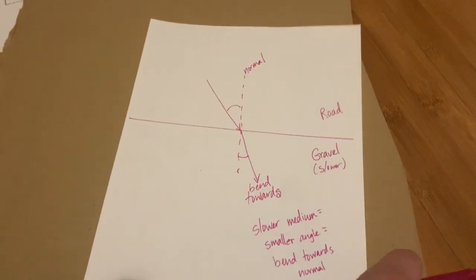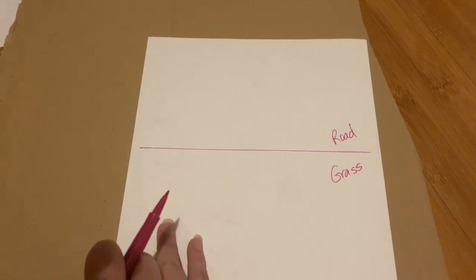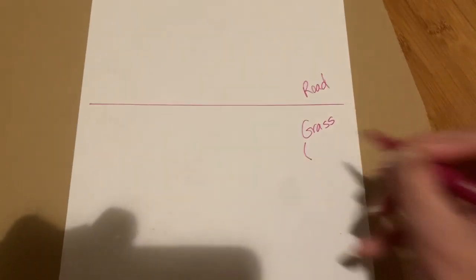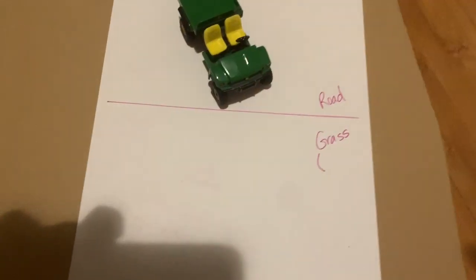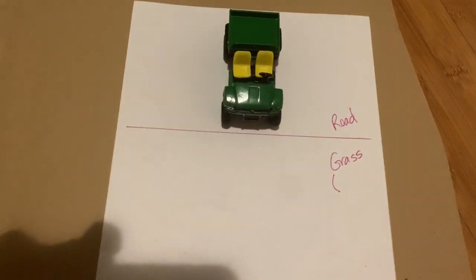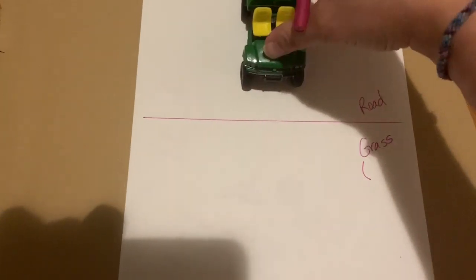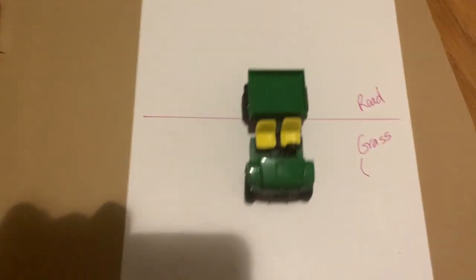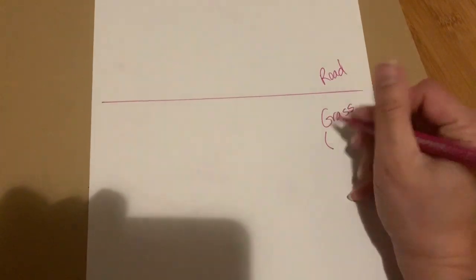All right, well, let's do another scenario. Now we got the road and grass. Grass, if you were to imagine this vehicle, right? So my little gator again. Compared to the road going into grass, it's going to be even slower.